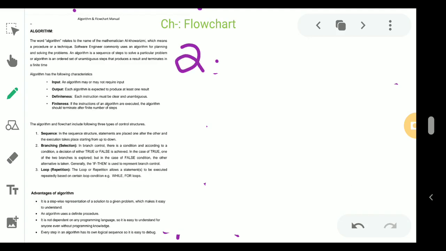This is the branching statement. Branching control means there is a condition, and according to the condition the decision is taken, either if true or false.